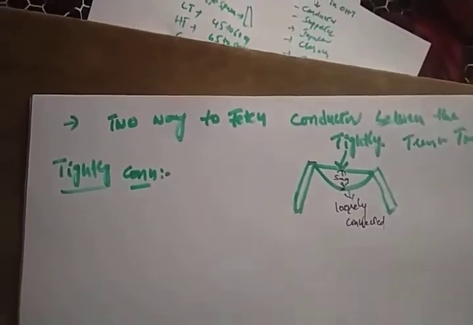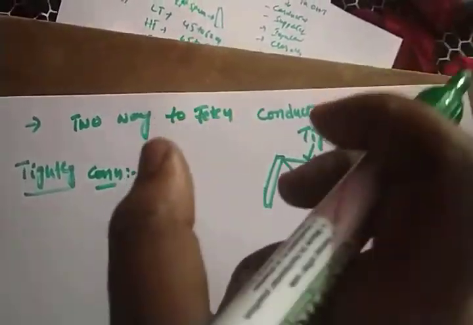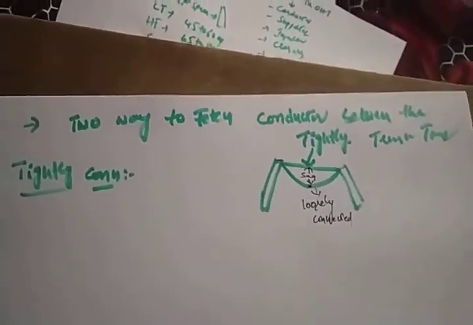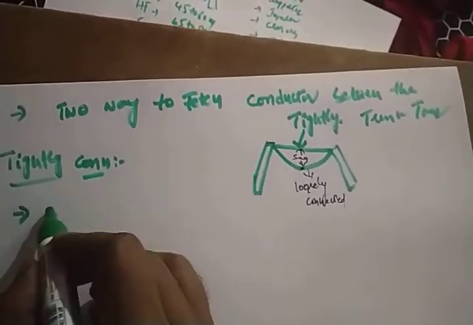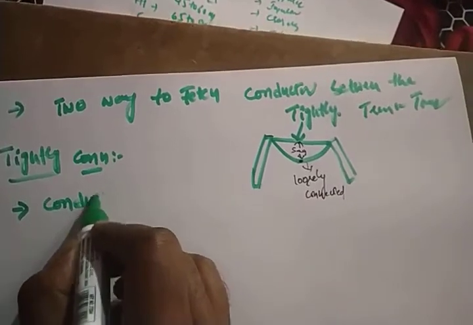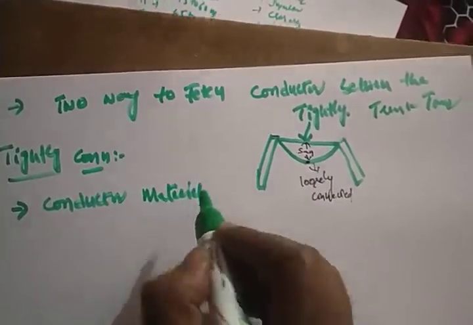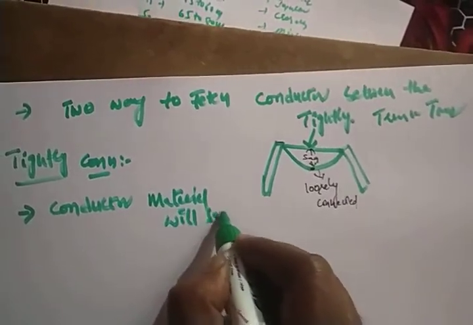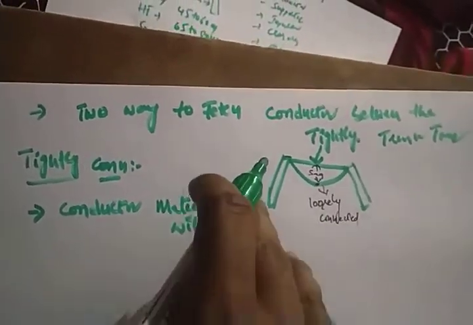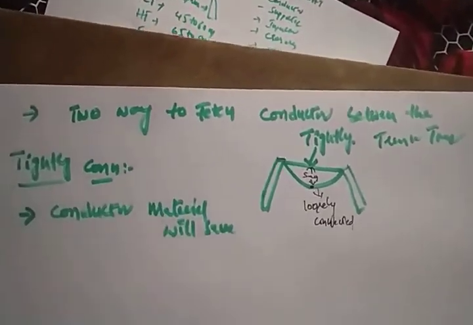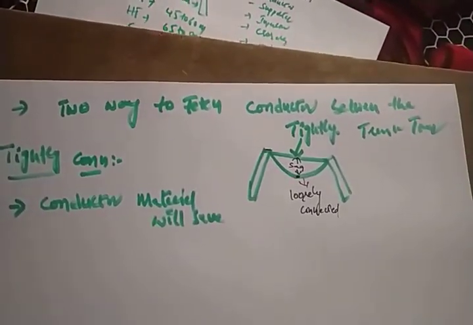If the transmission line is connected tightly between the two transmission towers, definitely the conductor material will be saved, so we are reducing the cost of the conductor material.